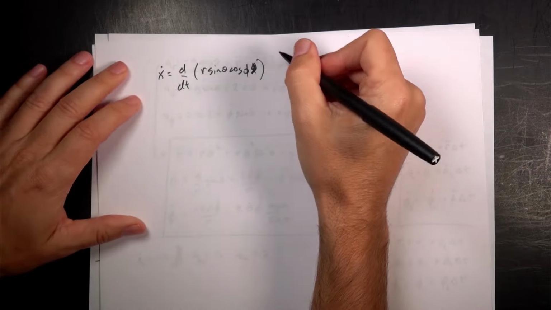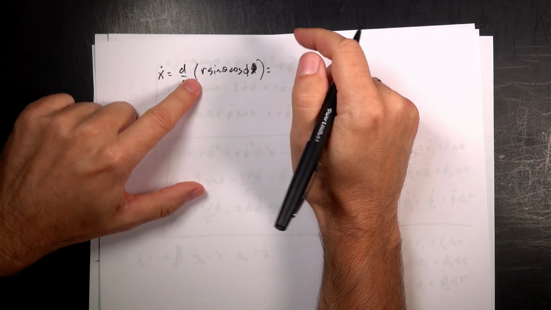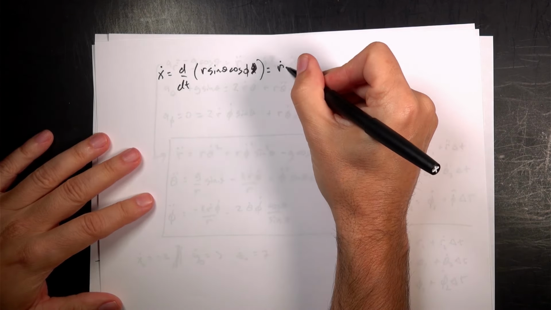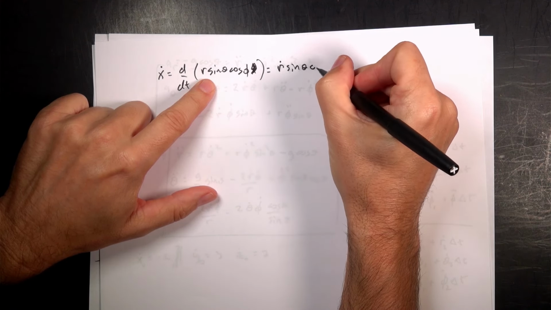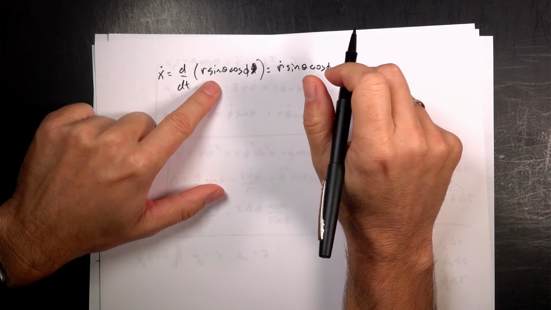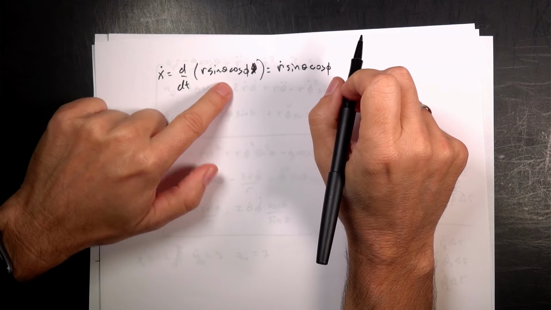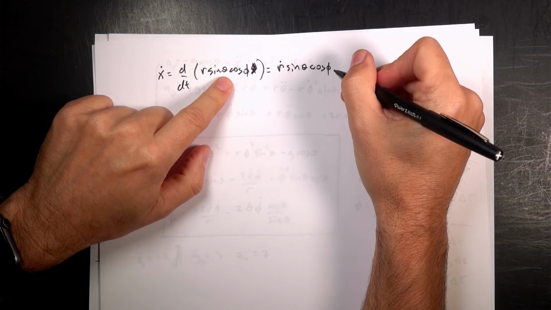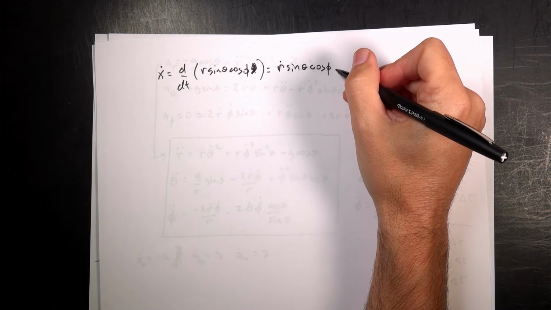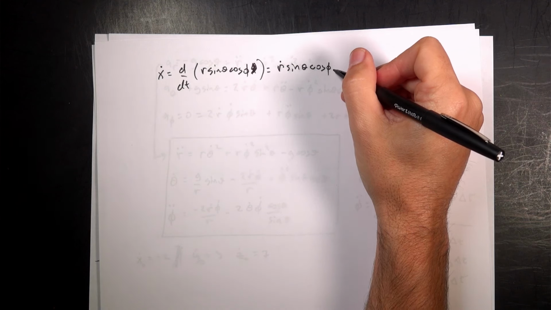Okay, but if I do that, I get the following. So I take the derivative of r. It's going to be r dot times the stuff, sine theta cosine phi. But now I need to take the derivative of sine theta, which is going to be cosine theta. But then I need to take the derivative of the inside stuff. Wait, I have a minus there.